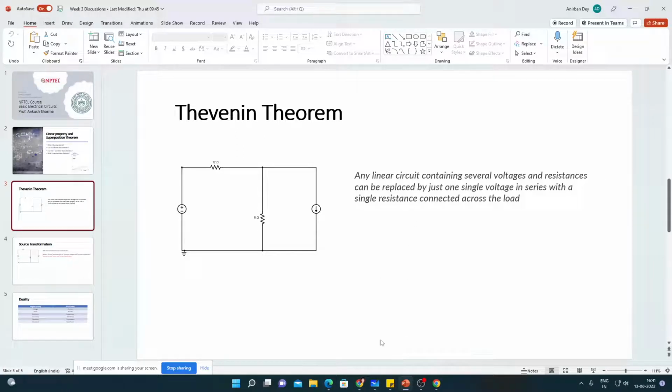If a circuit also satisfies the properties of homogeneity and superposition, we say it is a linear circuit. It has several voltages and resistances and whatnot. If it's a huge puzzling thing, what we can do is represent it by a single voltage in series with a single resistance connected across the load.